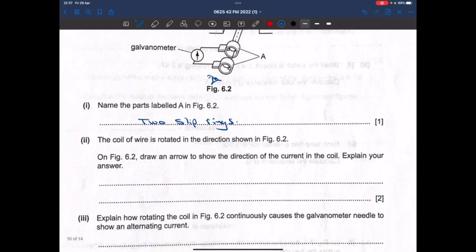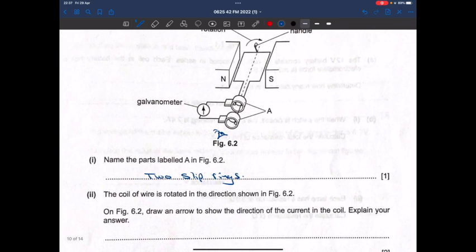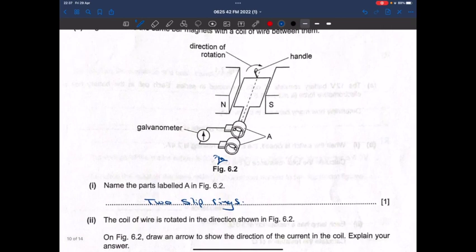So I'm going to use the right hand rule because this is a generator, and in a generator we usually use the right hand rule to determine the three directions: the magnetic field lines, the direction of the current, and the direction of the force acting. So I'm going to set my right hand from N to S. My finger will point from N to S, and this shorter finger will direct the force, which is up. I'm talking about this arm, guys, here.